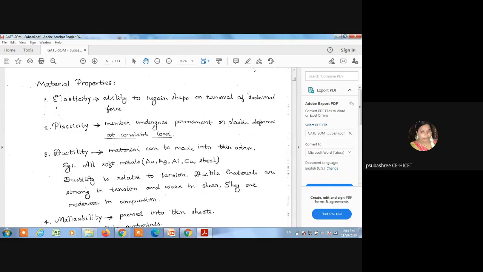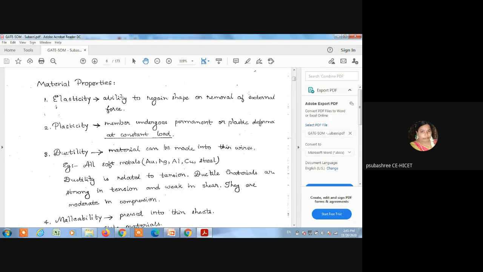Then ductility: the material can be made into thin wires. For example, steel is a ductile material. Listen here. Steel is used to make steel rod, steel wire, steel plate and steel sheet.